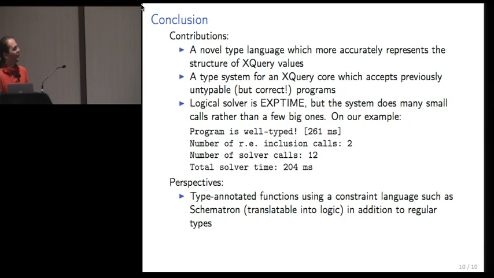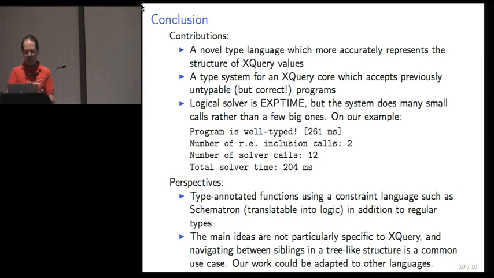And such languages exist. Schematron is such a language, and we can translate Schematron constraints into logic formulas. So it could be a possibility to extend our XQuery core with type annotated functions with Schematron type annotations.